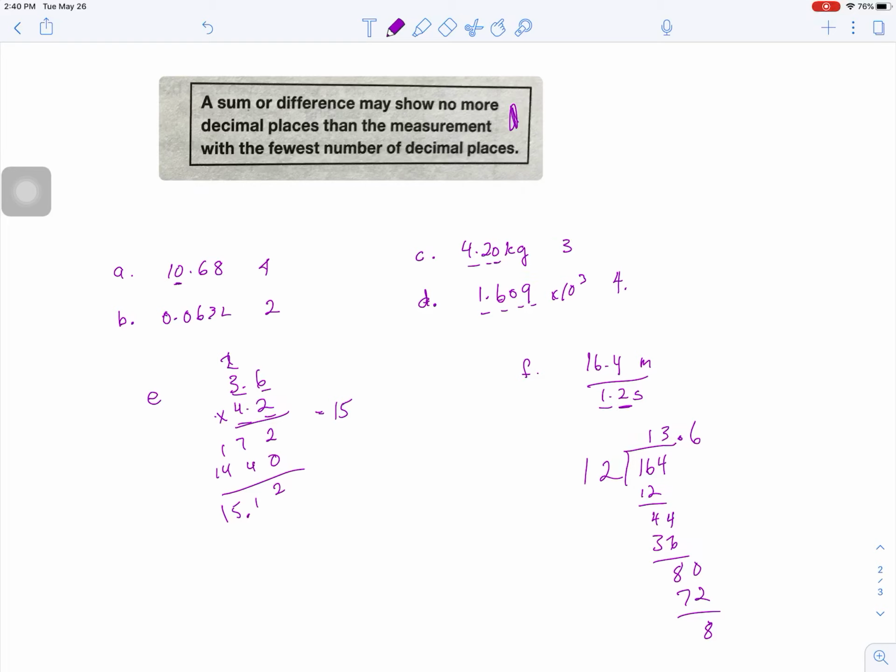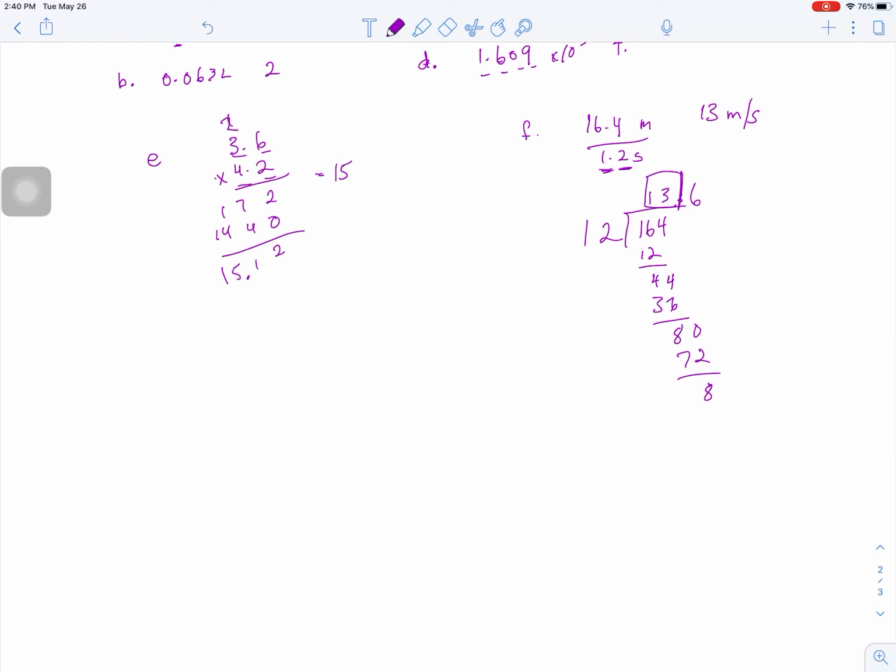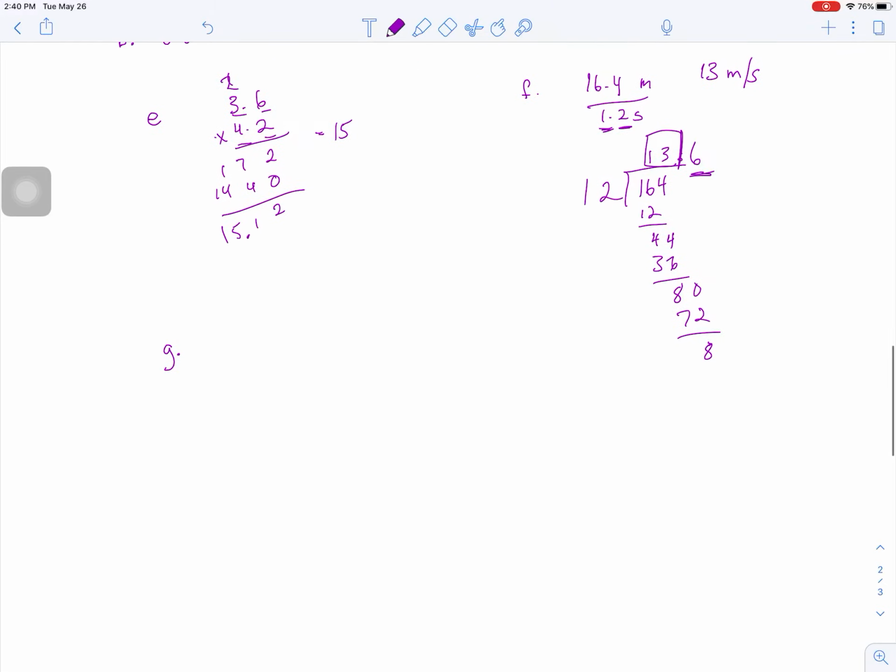Right, so we have the lowest amount of significant digits is 2, so our answer is going to be 13 meters per second. We're not going to count the other numbers because we only have 2 significant digits. And that one's a little different, of course, because you have that 6 after and you're wondering what to do with it. Just leave it the way it is. We only count the first 2 digits.